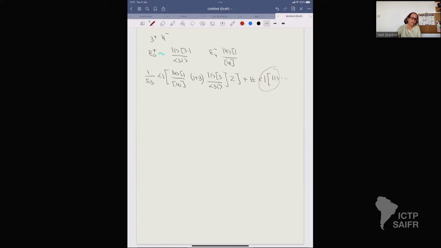This thing vanishes because, remember, the spinor products are anti-symmetric. So if I have an 11 product, it just gives 0. So this other diagram goes away.